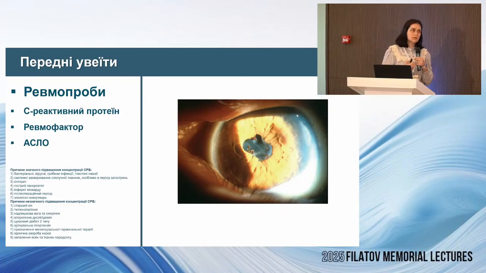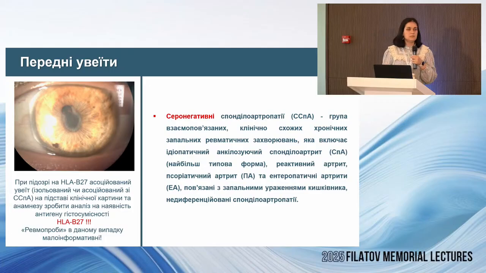If we're talking about C-reactive protein, it is informative for rheumatologists to assess the activity of inflammation. Rheumatoid factor is a very interesting analysis. It is positive when a person has arthritis or Sjogren's syndrome, and in most cases it is practically non-informative. Then streptococcus infection, another interesting test.